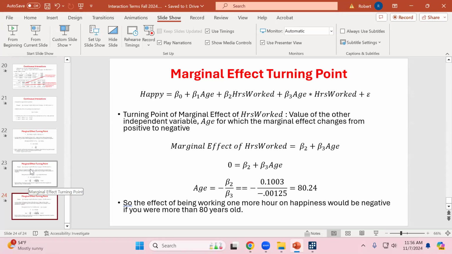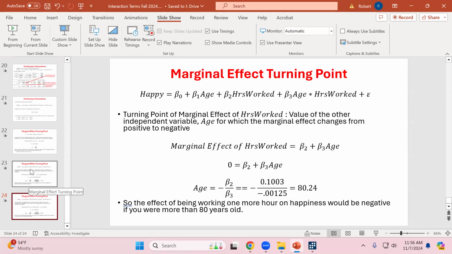So let's say I want to predict not the marginal effects, right? That's what we're doing over here. It's the marginal effect of being 1 year older, marginal effect of working 1 more hour. We can also simply make predictions for what happiness will be.